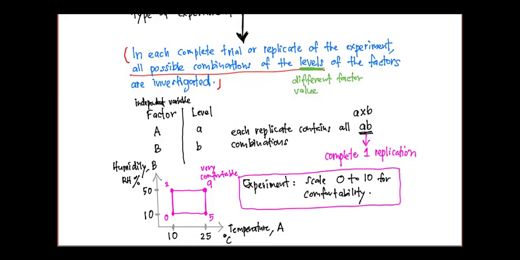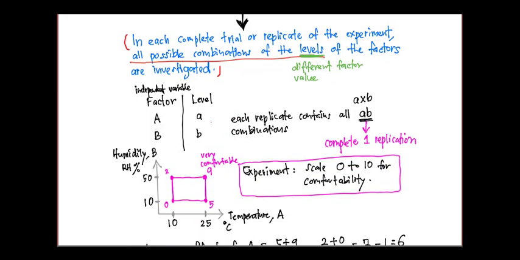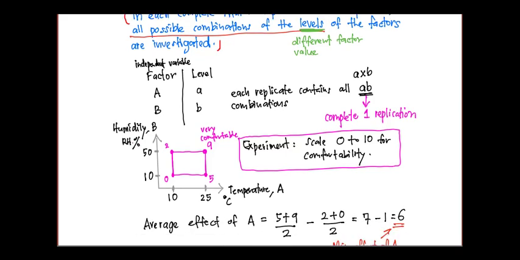So we have an example here, which is about the comfort level inside a room with different temperature and humidity. So our design of experiment here included two factors. One of them is humidity, the other one is temperature.